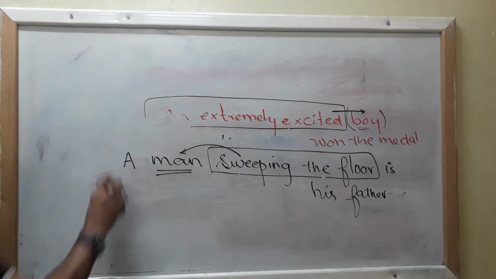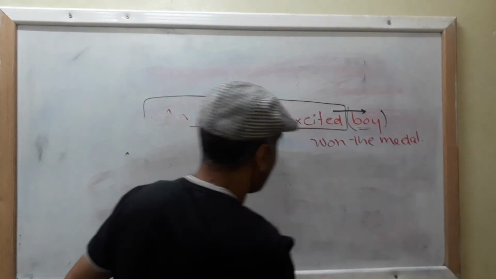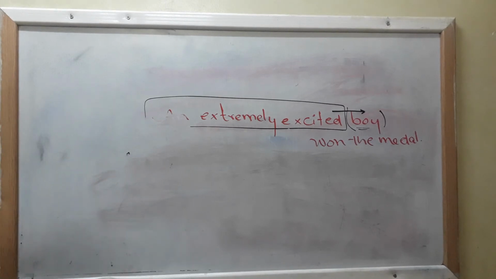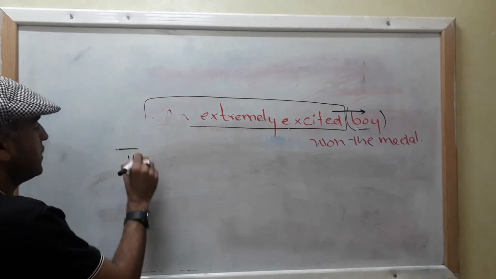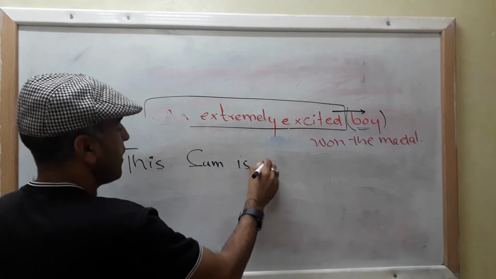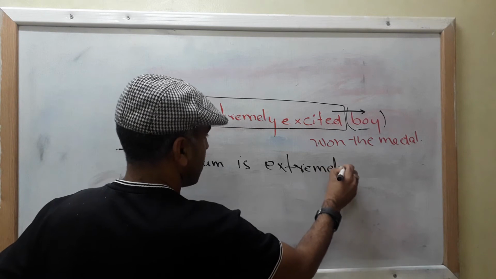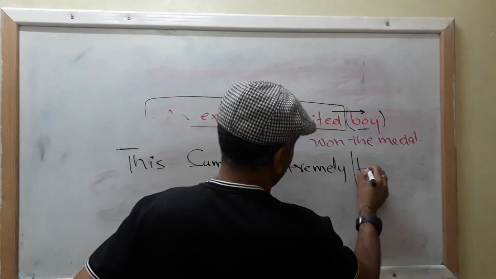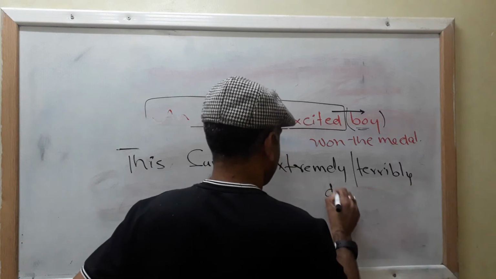Now let me proceed to the last one, and that is how an adjective phrase appears at the end of a sentence. This sum is extremely, or you can say terribly, difficult.